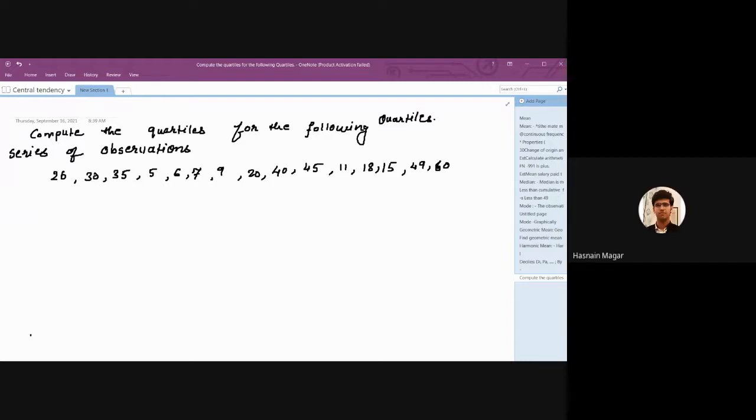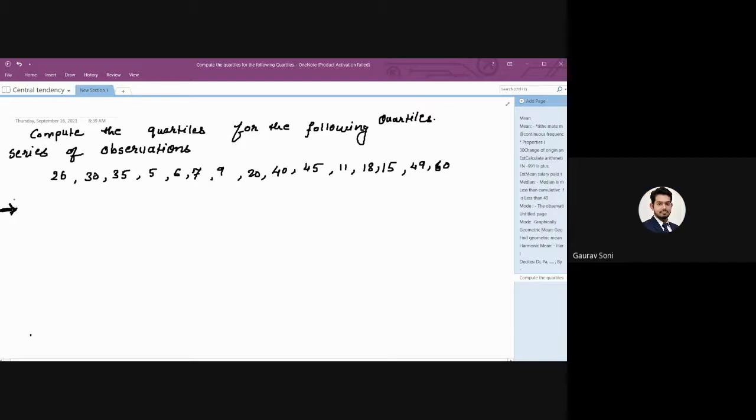So first we will arrange them in ascending or descending order, and then we will calculate the median, and from that we will get two parts, and out of which we will again calculate the median of those two parts. So this is how we will get three points. That is one way. Is there any other way?